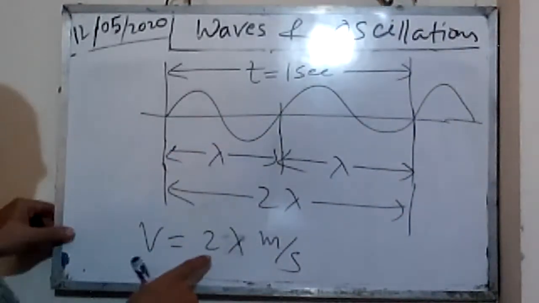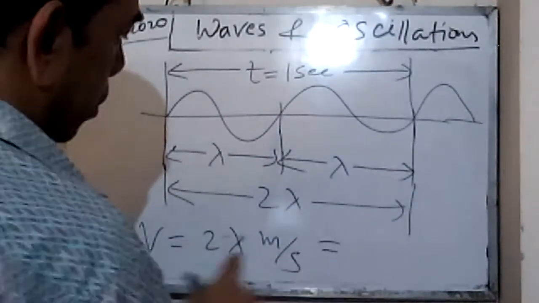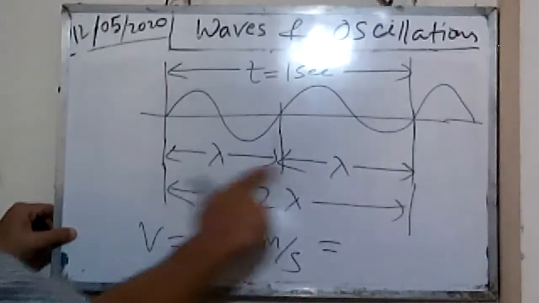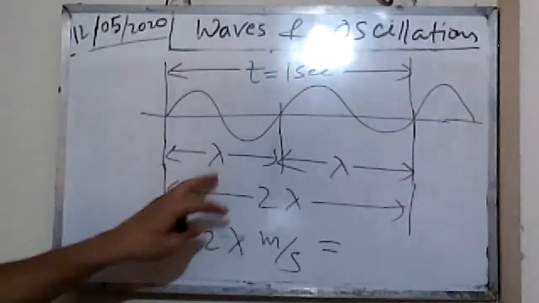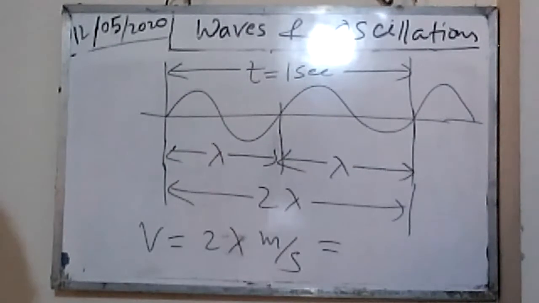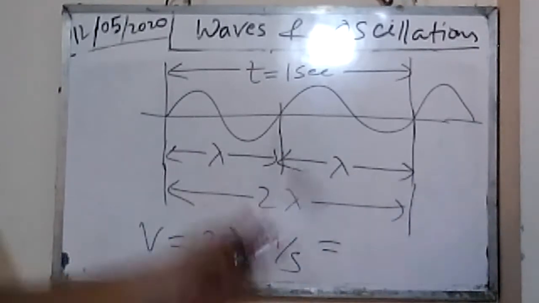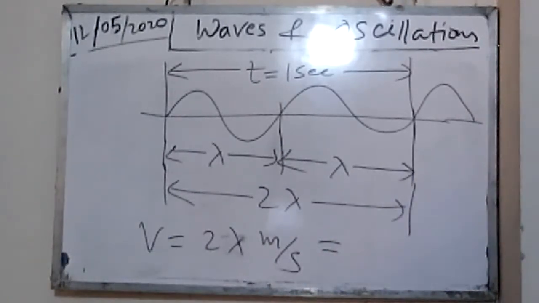And what is the 2? 2 is also called frequency. In 1 second there are 2 complete waves.